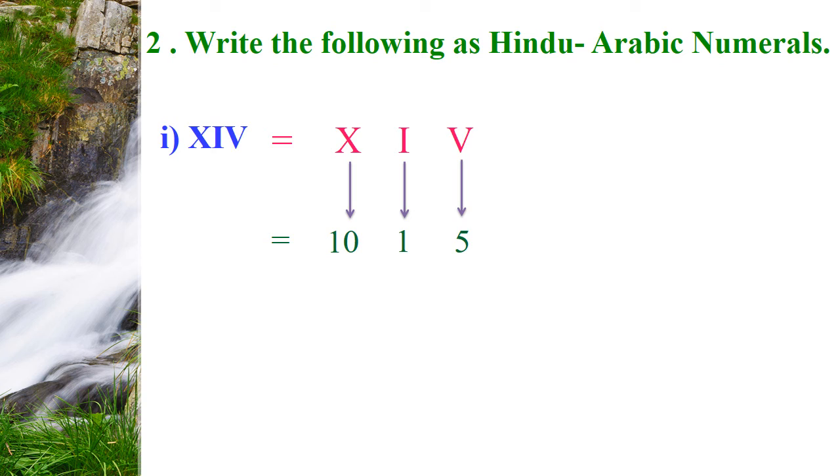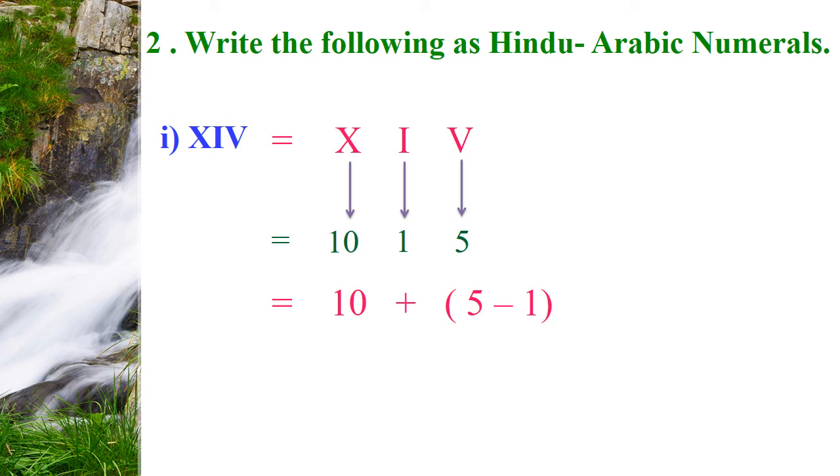So here the larger number next smaller number means we want to add the values. But smaller number next larger number means we want to subtract the values. So here first 10 plus, 1 is smaller number, 5 is larger number.